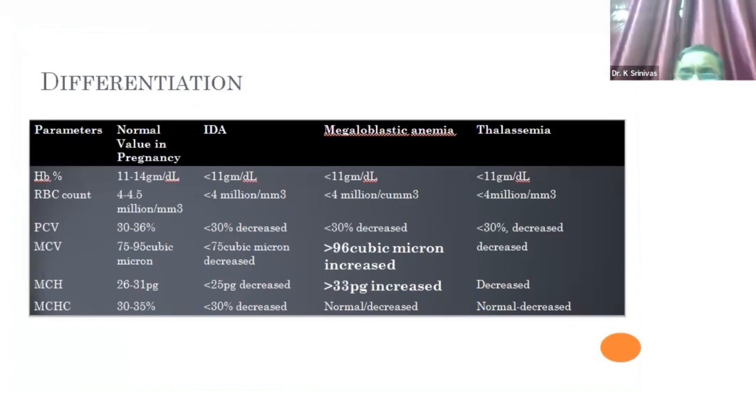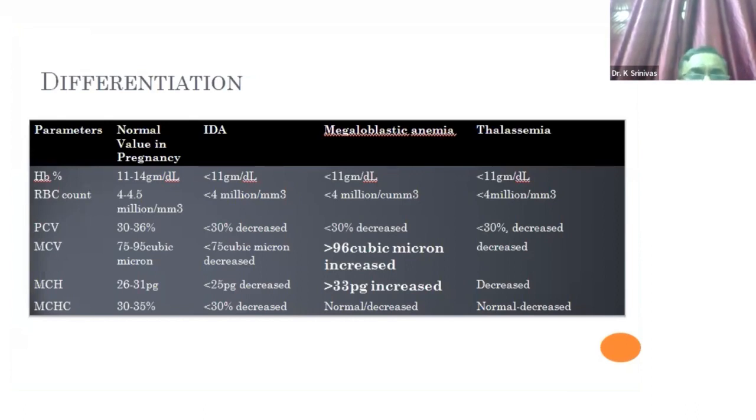But the difference that you see is about the mean corpuscular volume, right? In megaloblastic anemia, you have got big cells, so the MCV is increased and MCH is increased, but MCHC is most often decreased in all the conditions, right? So this is how we differentiate.